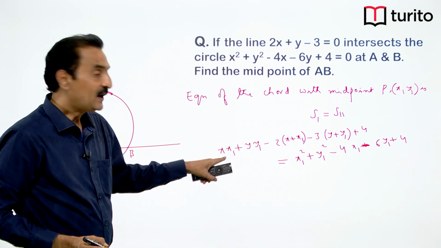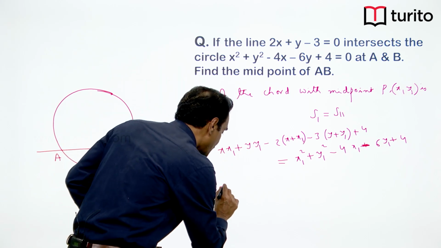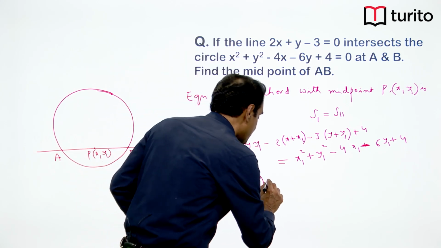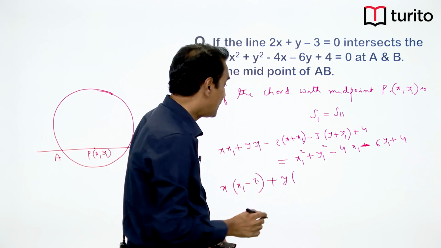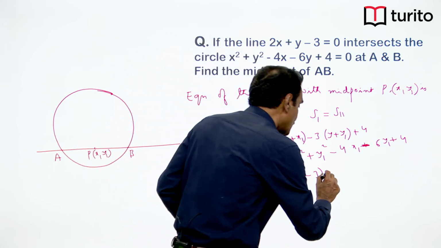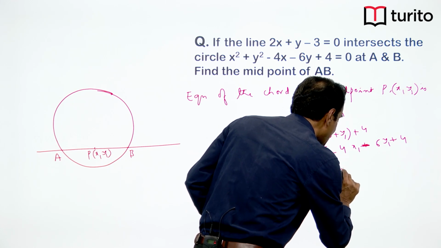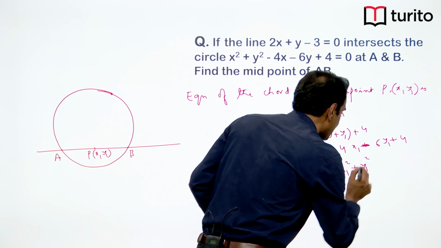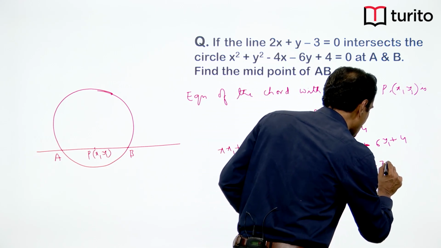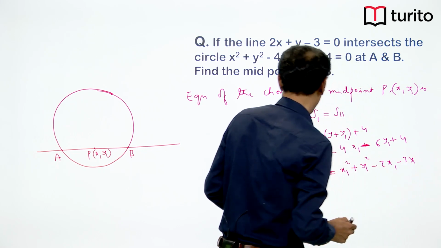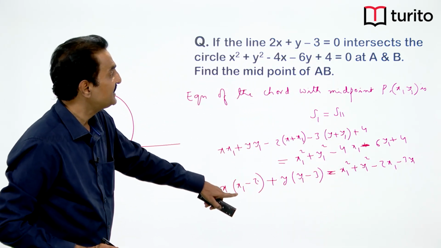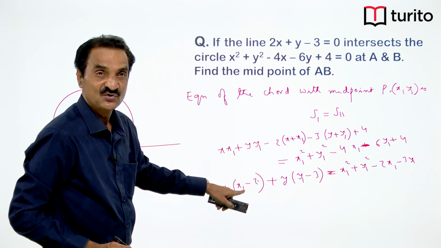Now, you can write this equation as x into x1 minus 2 plus y into y1 minus 3 is equal to x1 square plus y1 square plus x1 square plus y1 square minus 2x1 minus 3y1; 4 cancels.